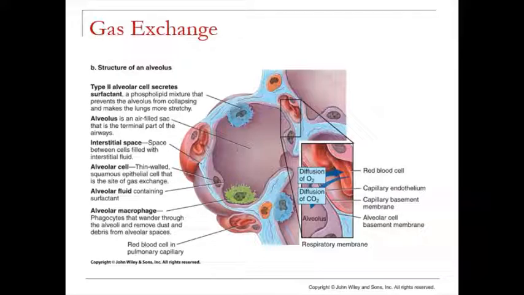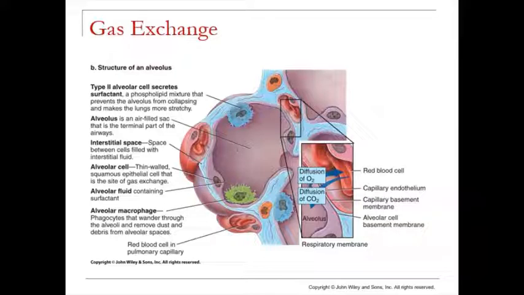We actually have two types of alveolar cells. There are type 1 alveolar cells. They're the cells forming the walls of the alveolus. And then there are what we call type 2 alveolar cells. They're what you see in the blue cells in the image here. They're still helping to form the walls of the alveolus, but they do something else.